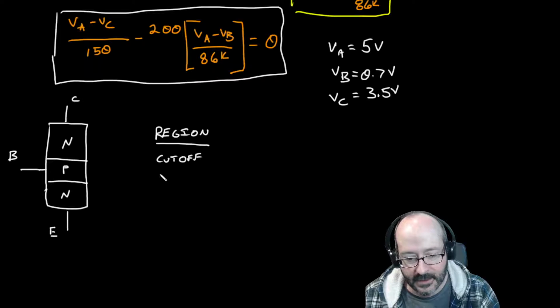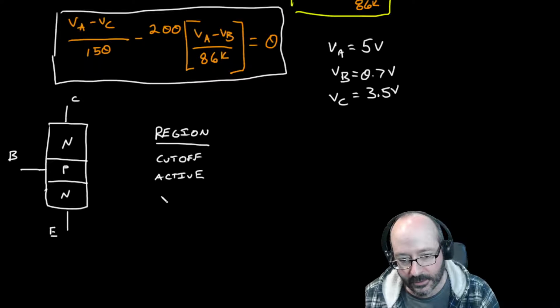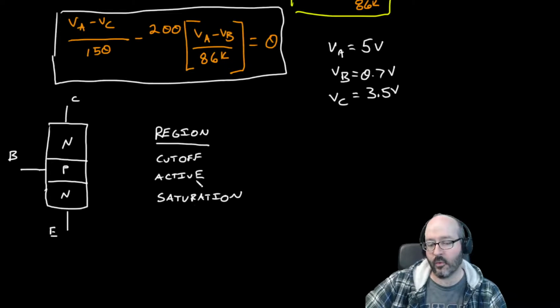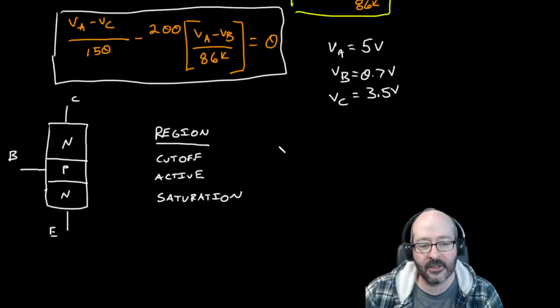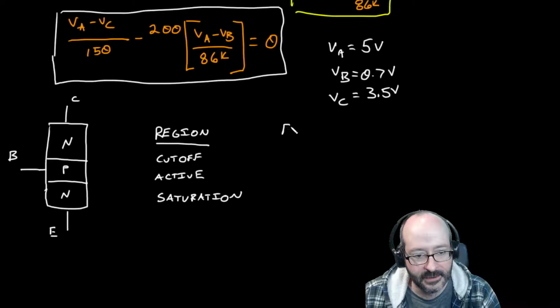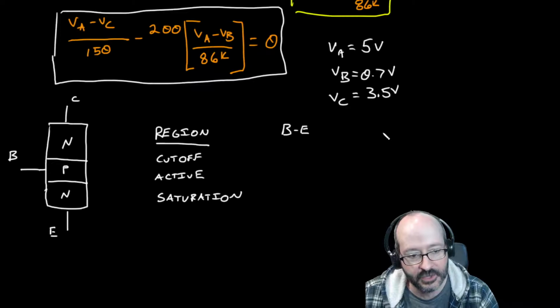Okay, it's either cutoff, active, or saturation. Those are the three that we're most interested in. We can figure out what region we're in based off of the bias of the base emitter junction and the base collector junction.